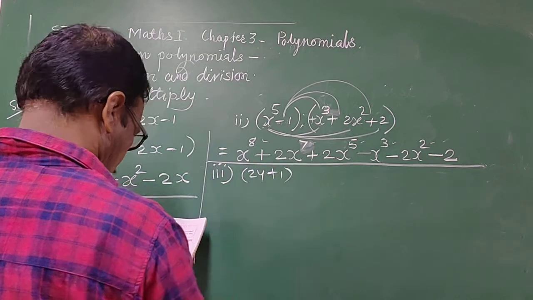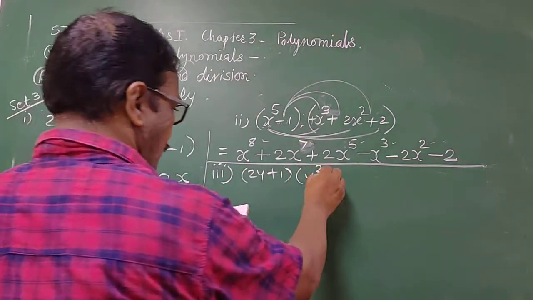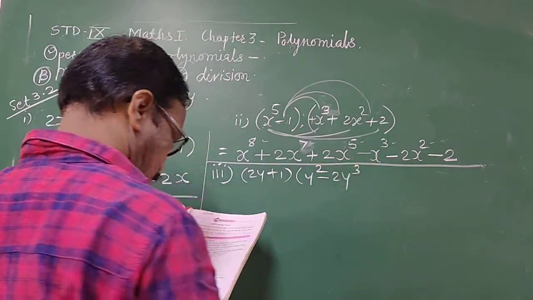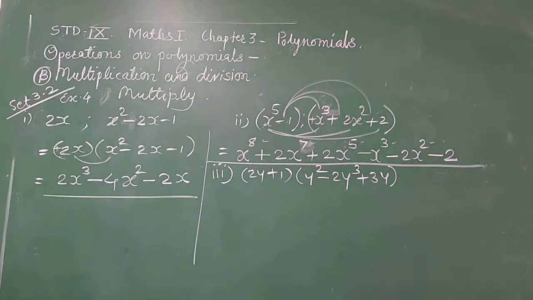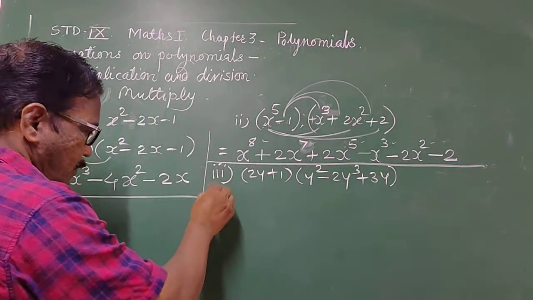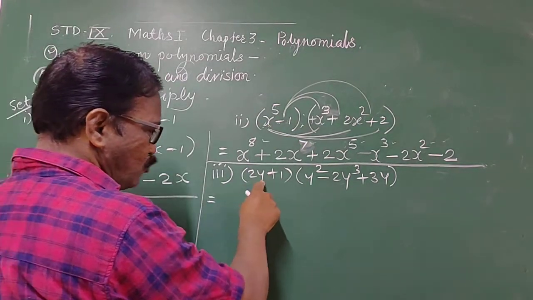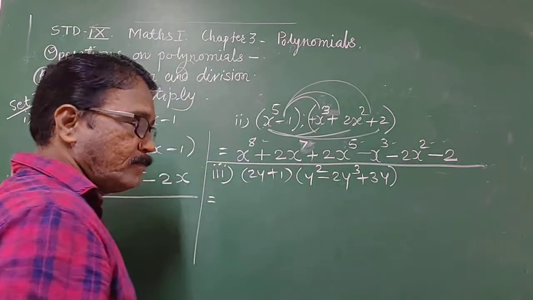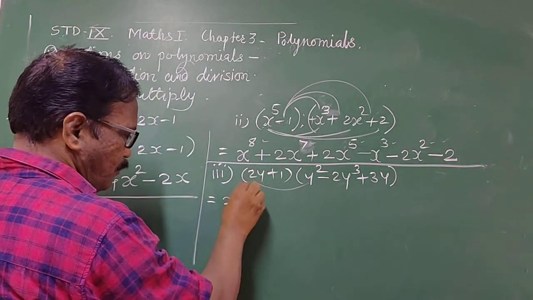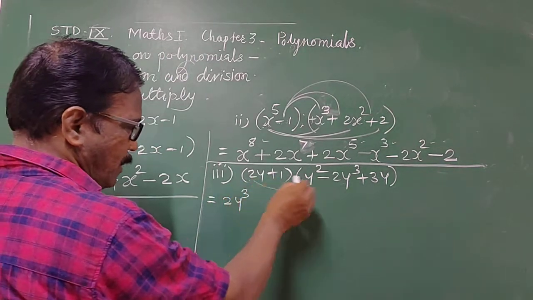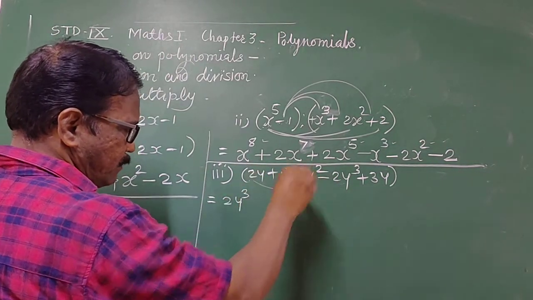2y plus 1 and y square minus 2y cube plus 3y. Similar process. First multiply 2y to each term. 2y into y square is 2y cube, y into y square is y cube, and 2 as it is.